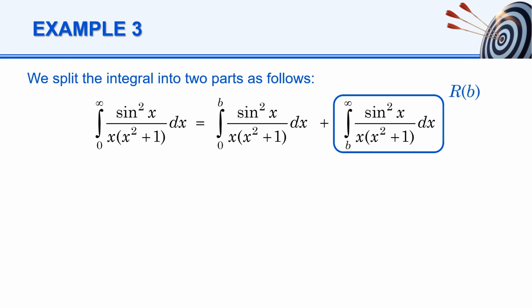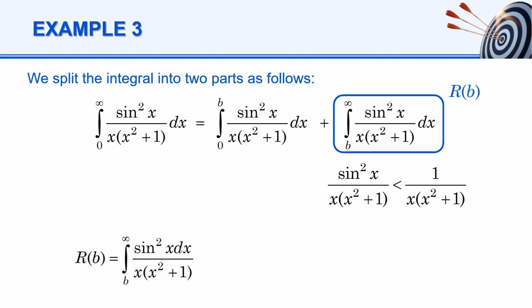To find an approximation for R(b), we replace the sine-squared term with 1 since it ranges between 0 and 1, which also makes it greater than the integrand f(x) for all x. Now we integrate this approximation, which will give an upper error bound for the numerical integration for any b.